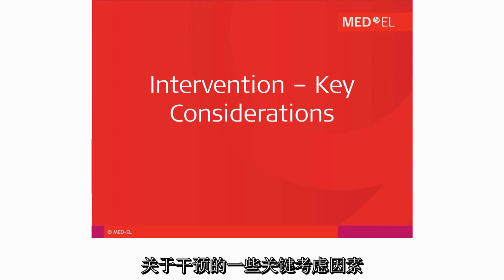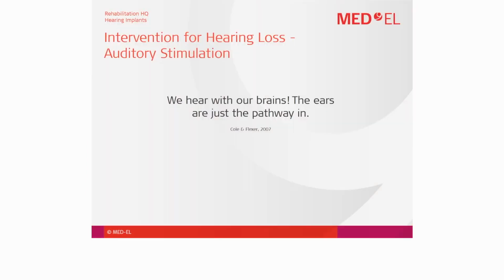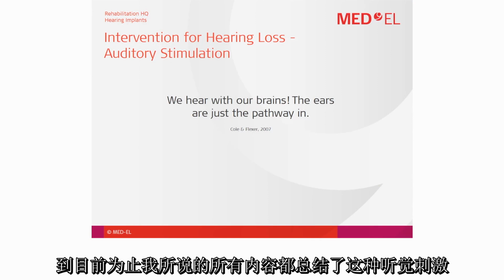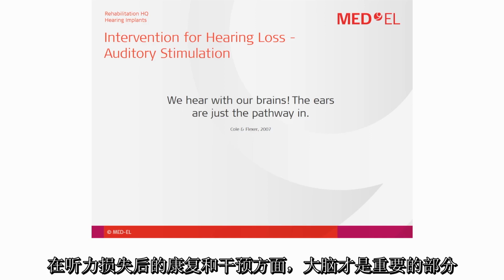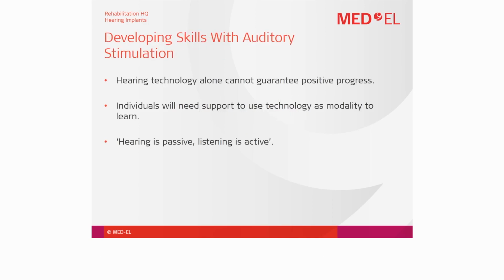So, some key considerations for intervention. All of what I've said so far really summarises this auditory stimulation. Actually, we hear with our brains, and the ears are just the way into the brain. It's the brain that's the important part when it comes to rehabilitation and intervention post-hearing loss.